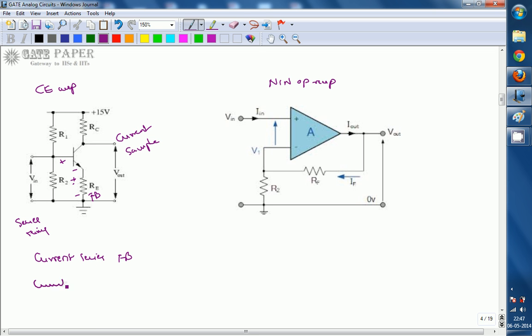And the non-inverting operational amplifier is voltage series. This is voltage series feedback. Remember this one: this is voltage series feedback, whereas the inverting amplifier is voltage shunt feedback. Thank you.